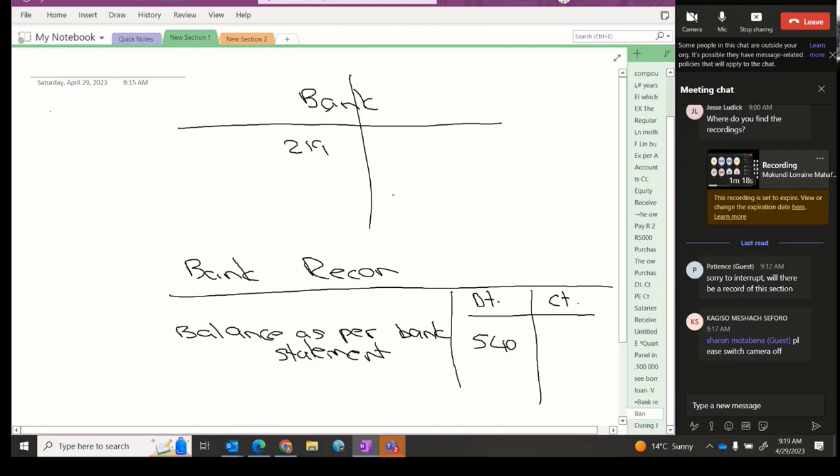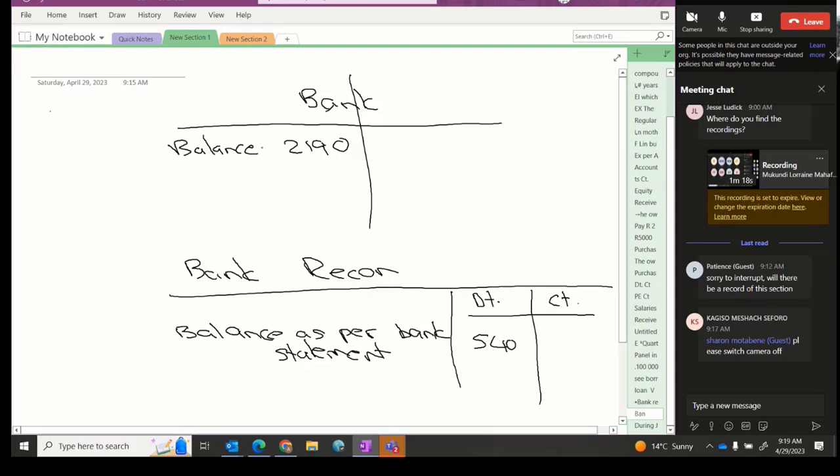Okay, that's your bank account, that's your bank statement. But the debtor paid into your business account in the bank, but which one are you going to change?